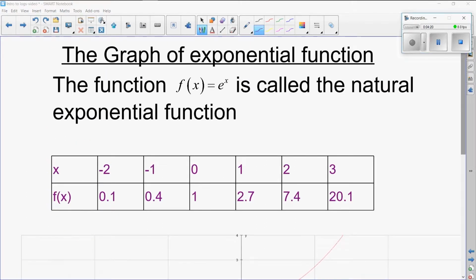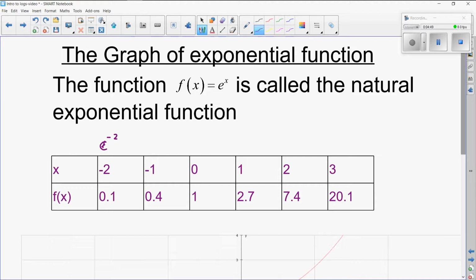So when we draw the graph of e to the x, we call it the natural exponential function. And I've drawn a table here, and I've chosen certain x values from -2 to 3, and then I've worked out the y coordinate. So the first thing we did is we substitute e to the -2, because we're drawing the graph of f of x equals e to the x, and x equals -2.